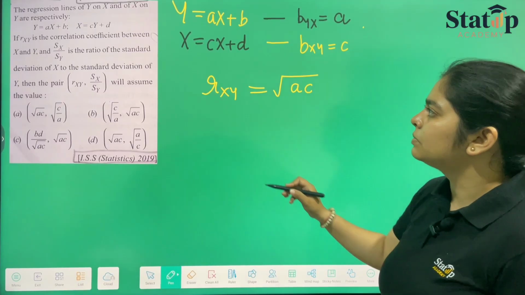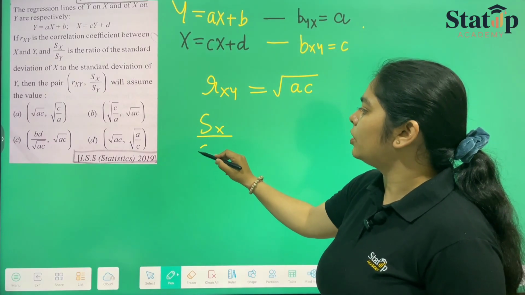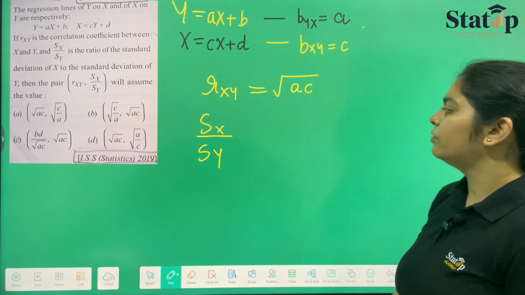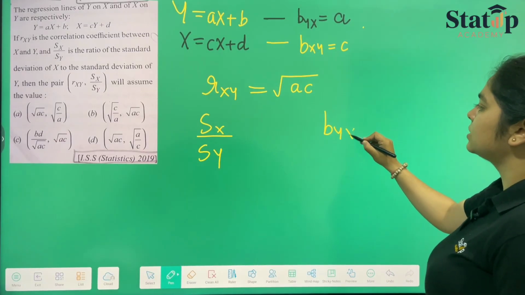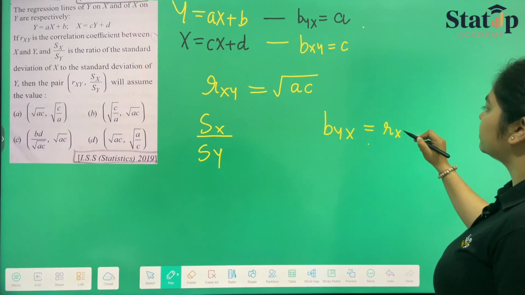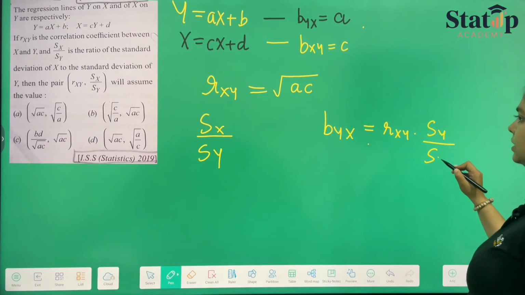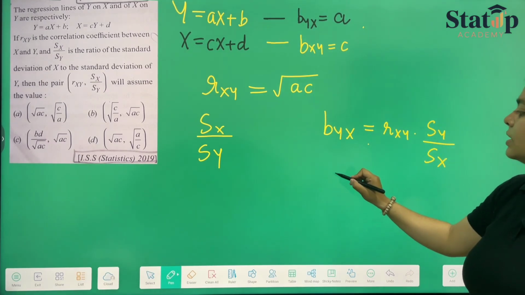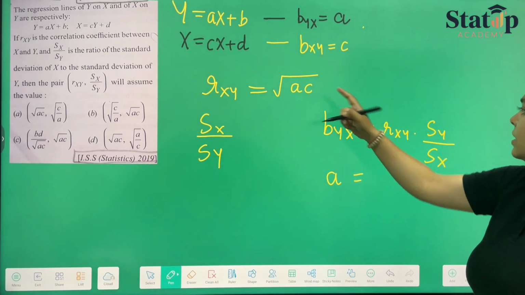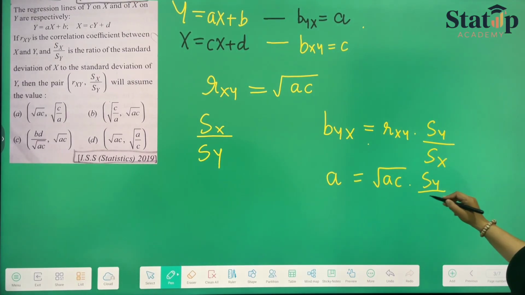Then the second thing is the standard deviation ratio sx upon sy. Now byx is nothing but rxy into sy upon sx, right? So byx we have been given as a, and rxy is under root of ac into sy upon sx.